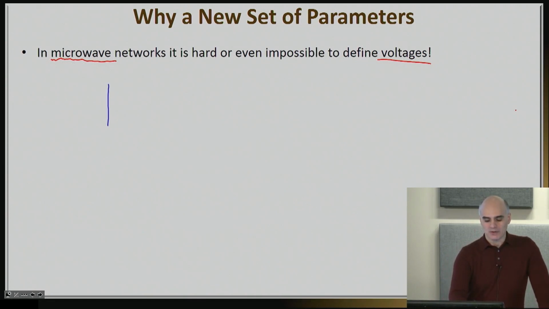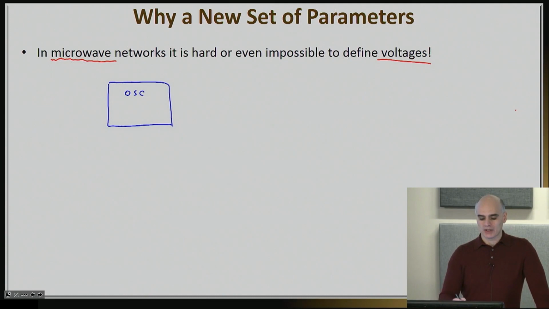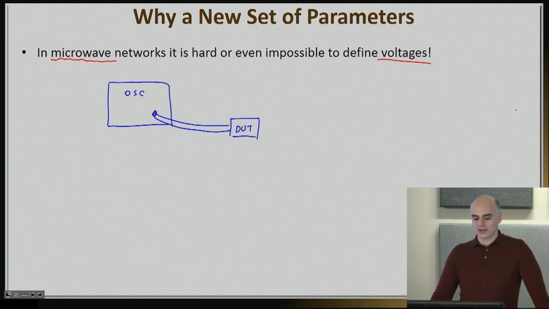For example, if you take a low-frequency approach of taking an oscilloscope, and you're trying to measure the voltage of a device by connecting a cable to this oscilloscope and then connecting that to your device under test, you will very quickly realize that the result you're getting at the instrument, meaning right here at the port, is not necessarily the same voltage that you have here.